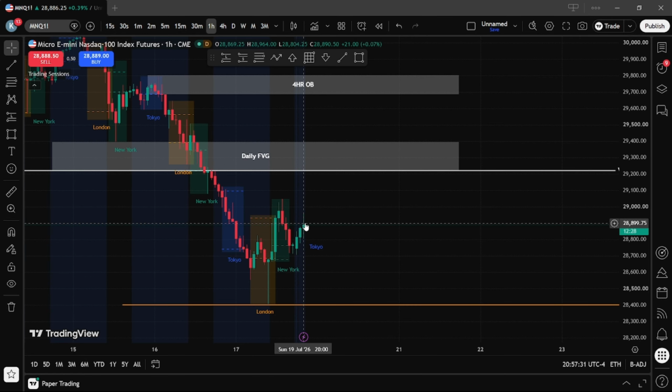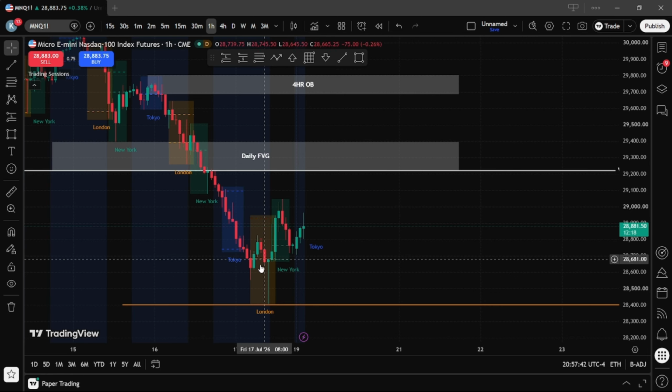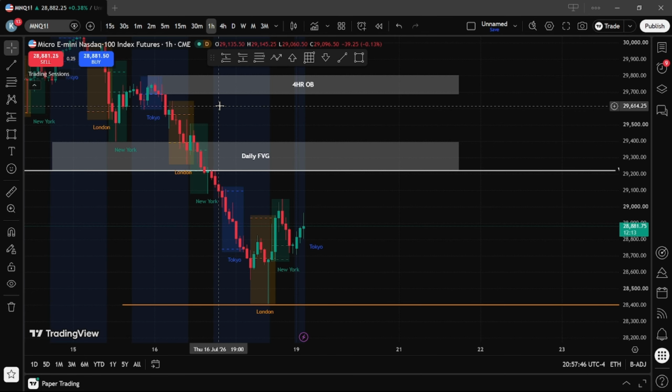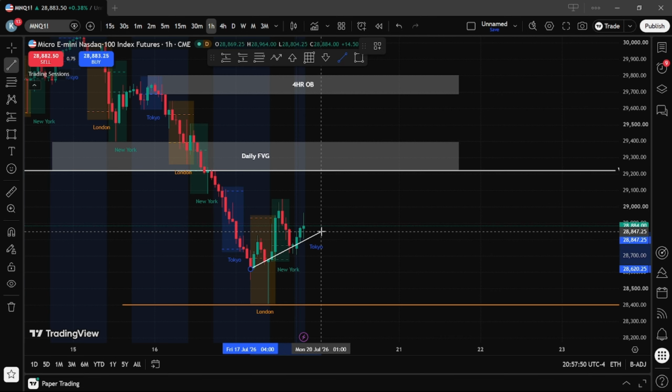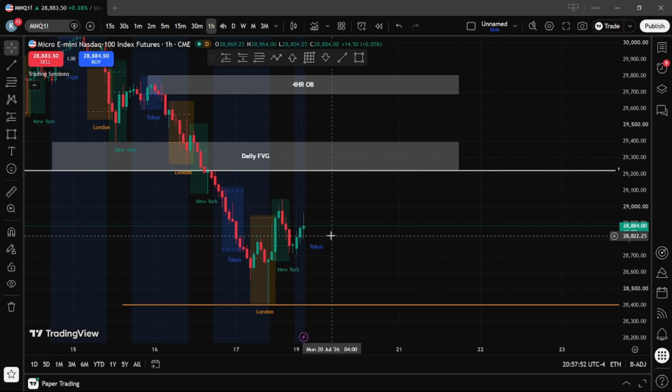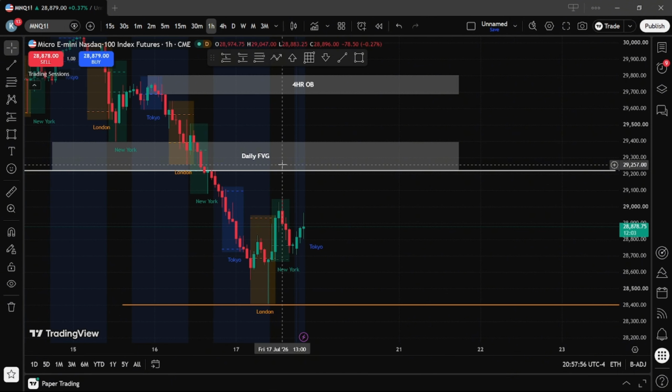And if the body of that candle goes past this gap on the upside, then we know that it is an invalid fair value gap. But if you're going with the trend, this is a bit of an upside portion, so it should be invalid anyway, right? But I would be looking to watch to see what price does.